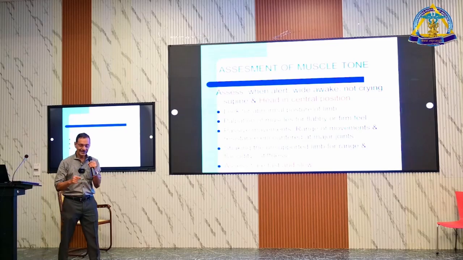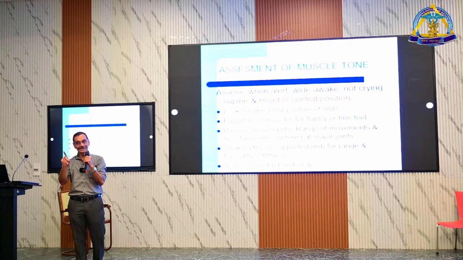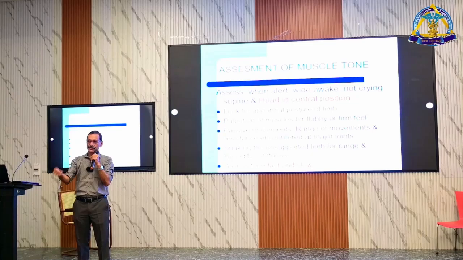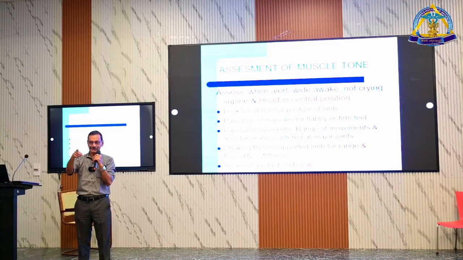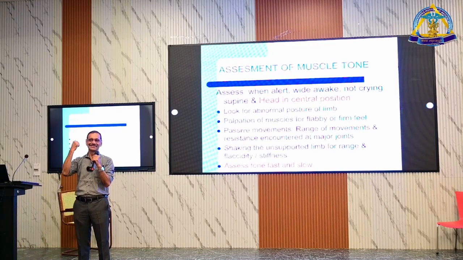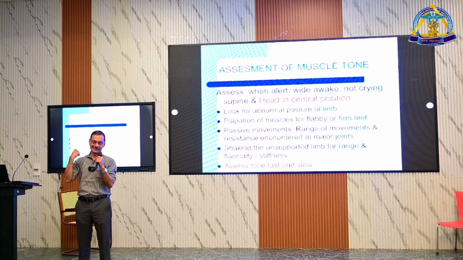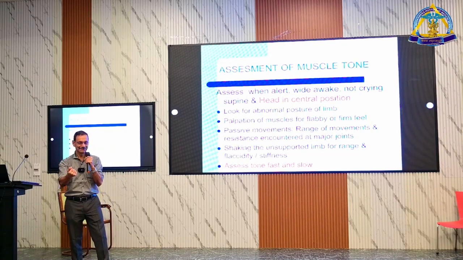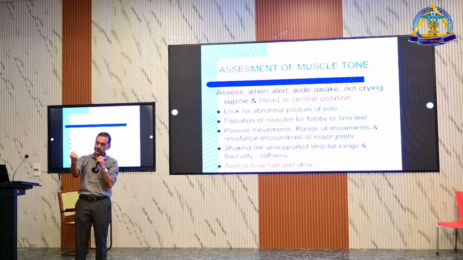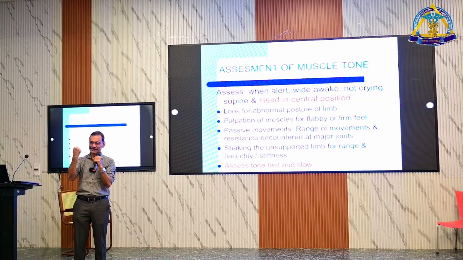And when you are assessing tone, you have to do it fast and slow. When you are doing it fast, you are assessing spasticity, because Girija madam must have told you, the clasp knife. Yes, that is spasticity. But rigidity you actually do slow, like that.